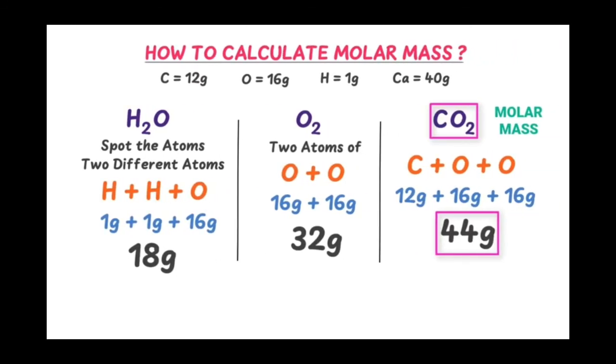Hence, 12 grams plus 16 grams plus 16 grams is equal to 44 grams. Thus, the molar mass of carbon dioxide is 44 grams.